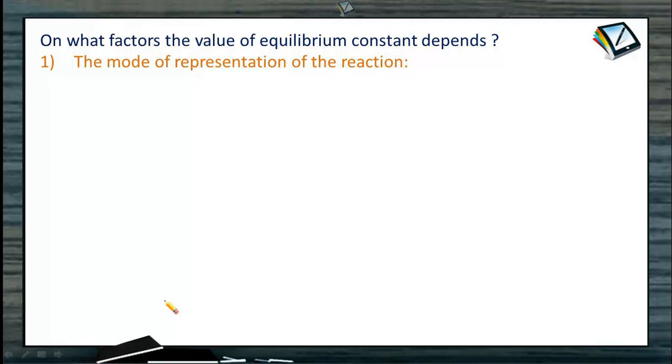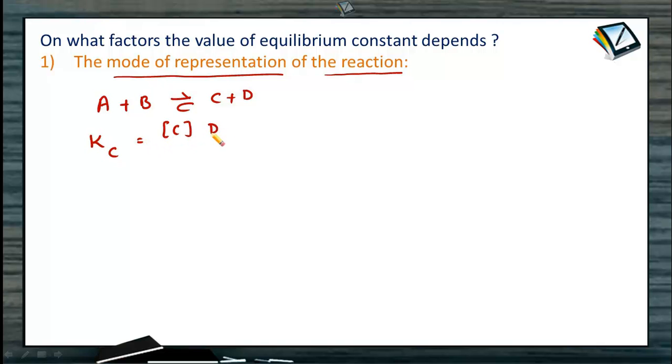The numerical value of K depends on mode of representation of the reversible system. What is the meaning of this mode of representation of the reversible reaction? Let us take an example of a reversible system A reacting with B to give C and D. The Kc can be written as active mass of C into active mass of D by active mass of A into B, equation 1.